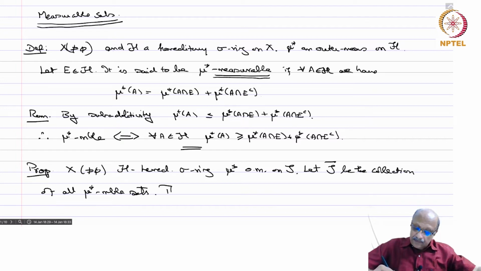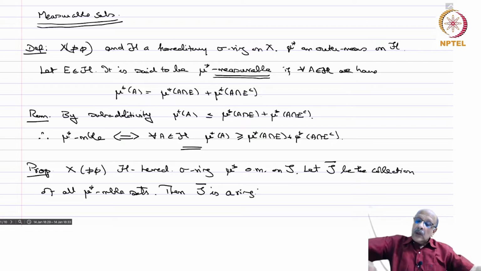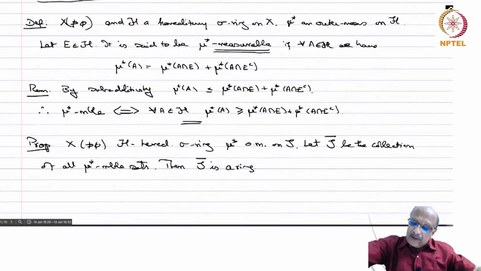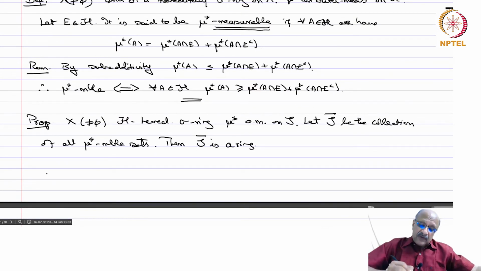Then S bar is a ring. So in particular, you know that the empty set is always there. That is of course obvious because mu star of A intersection phi is mu star of the empty set, that is 0, and A intersection phi complement, which is whole of X, is just A. So this equation is always true. So we know that the empty set is always mu star measurable.